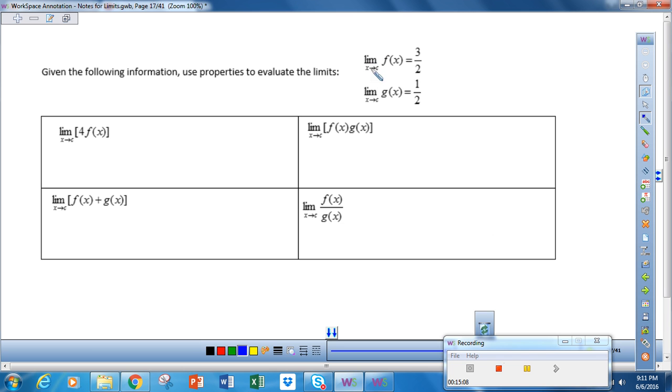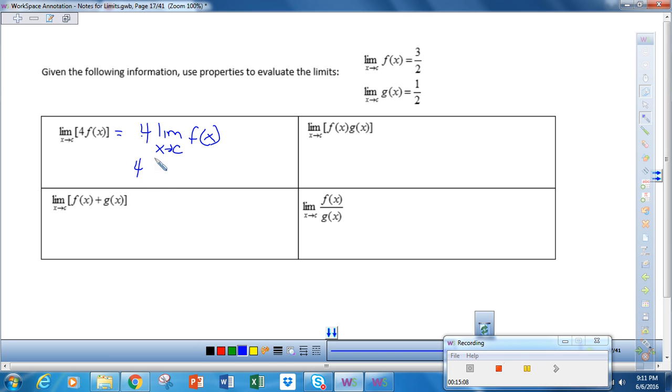We're given that the limit as x approaches c of f of x is 3/2, and the limit as x approaches c of g of x is 1/2. So the first thing is, what is the limit as x approaches c of 4 times f of x? Well, from what we just learned, we can write this as 4 times the limit as x approaches c of f of x.